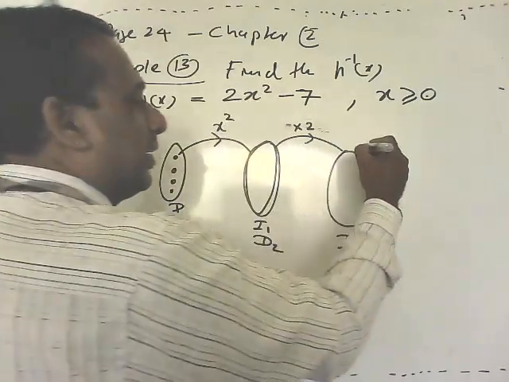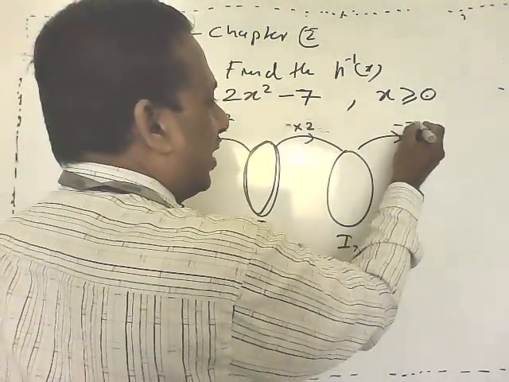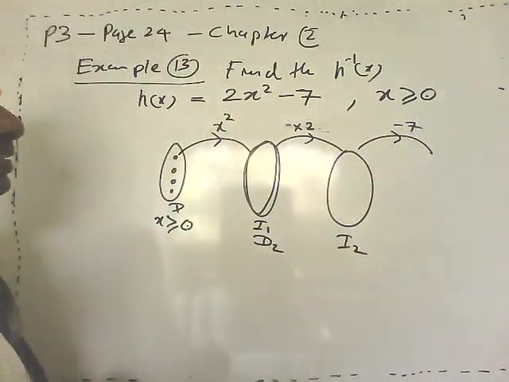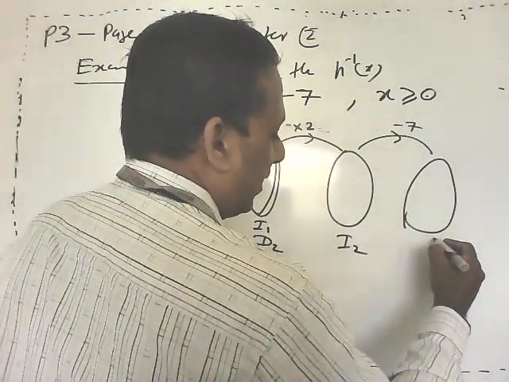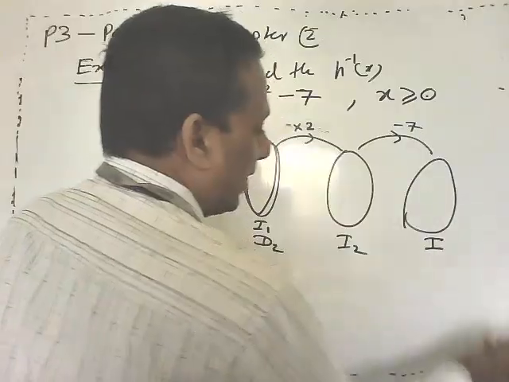And then you subtract 7 from all the images. Then you will get the final image.